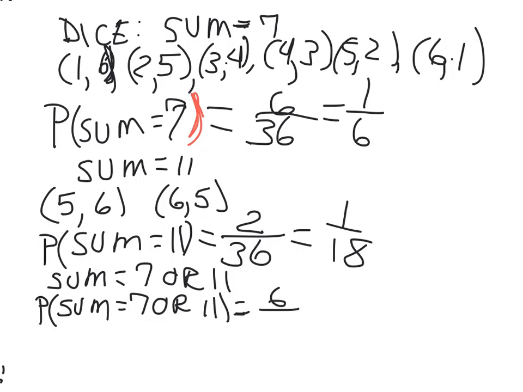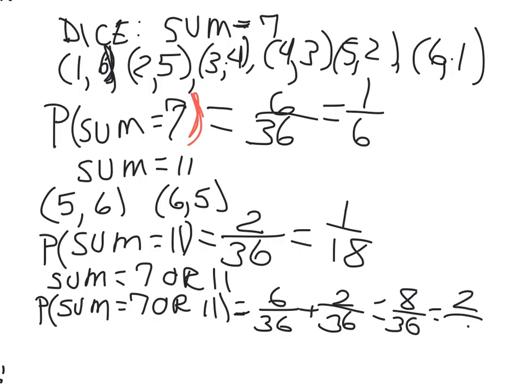So I have 6 over 36 plus 2 over 36, and that's 8 over 36. Let's take the 4s out of there, and I'll have 2 9ths. Okay? Pretty good, huh?